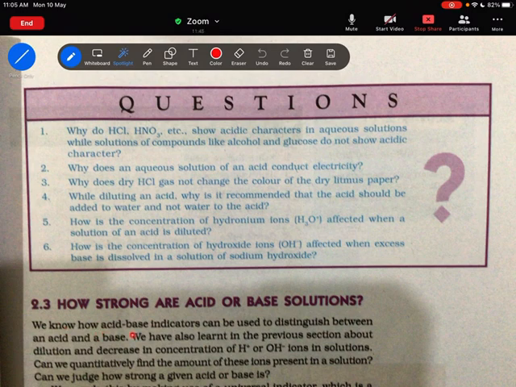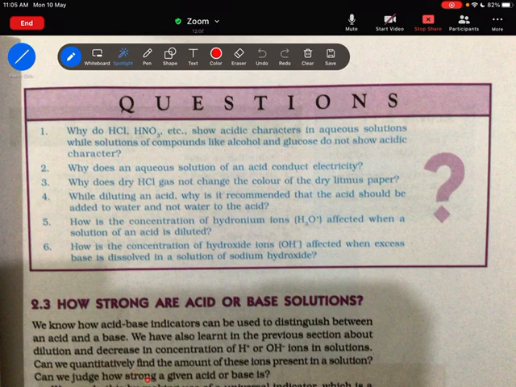We know how acid-base indicators can be used to distinguish between an acid and a base. We have also learned in the previous section about the dilution and decrease in concentration of H+ or OH- ions in solution.